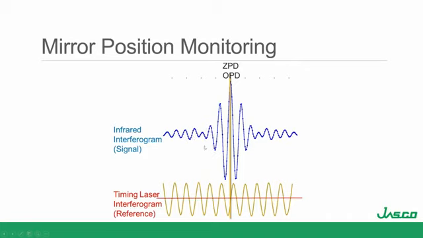Each data point is taken at a crossover of the timing laser. The timing laser is a HeNe laser that has a really well-defined wavelength so that you know exactly where these crossovers are. It's really important to have a good laser here, because if you don't, this can cause a shift in frequency.